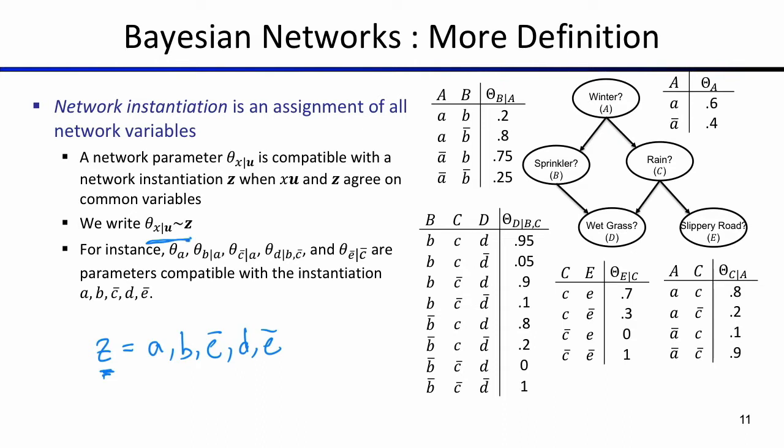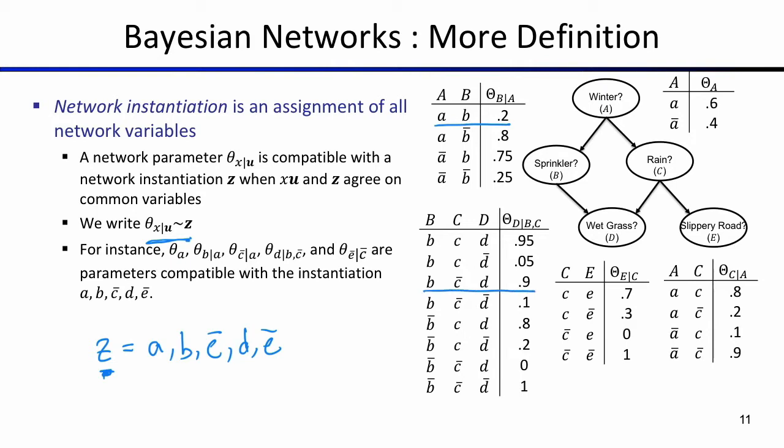For this network instantiation Z, we can look at what are the compatible parameters. We have A true and B true, so we're going to use this parameter here. For this table, we have B true, C false, and D true, so we have this network parameter here.